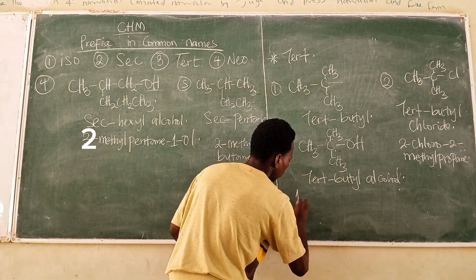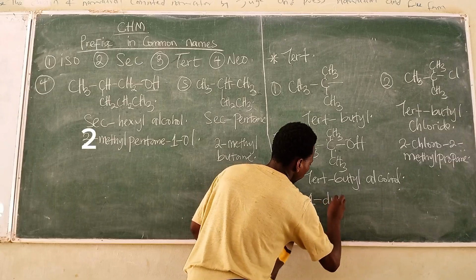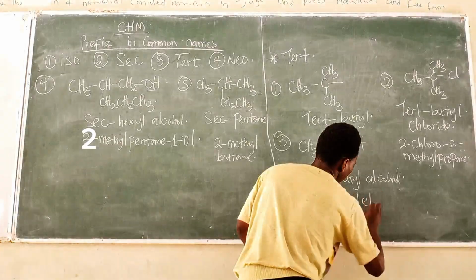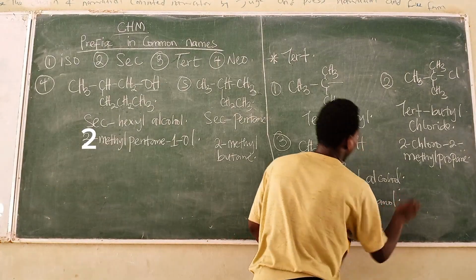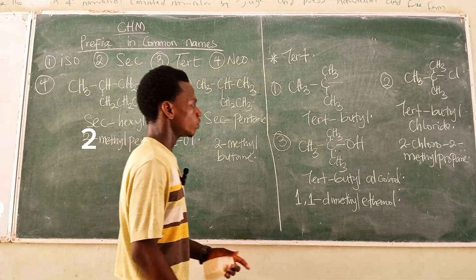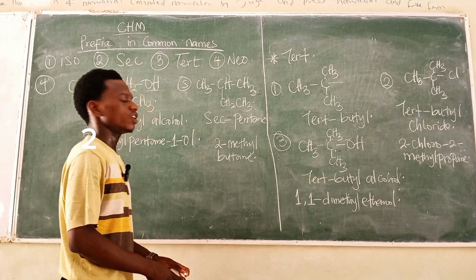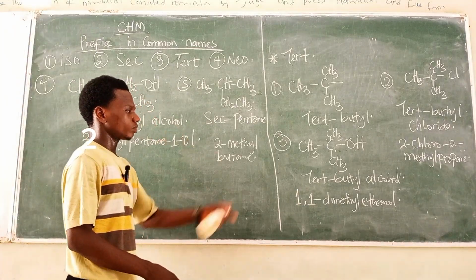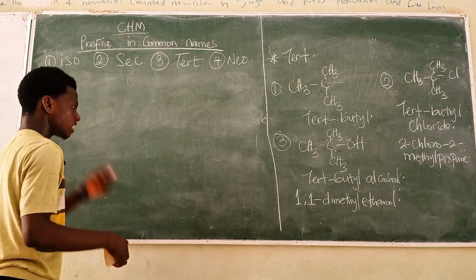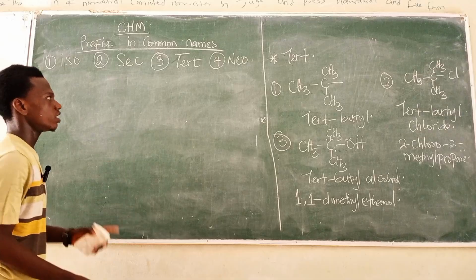So that's going to be 1,1-dimethylethanol. 1,1-dimethylethanol. So this is how you are able to name organic compounds using the prefix Tert. So lastly, let's look at how to name organic compounds using the prefix neo.